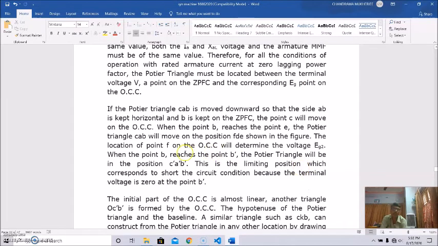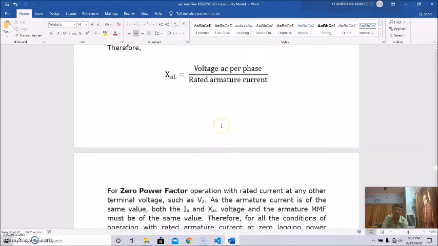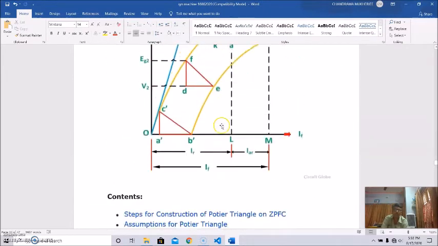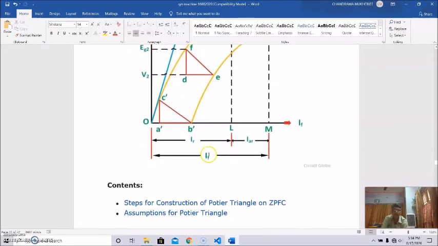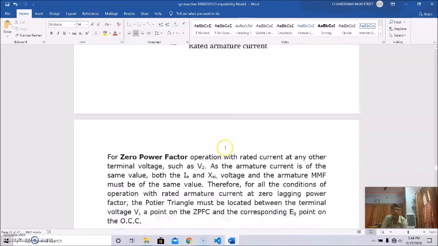If the Potier triangle CAB is moved downward so that the side AB is kept horizontal and B is kept on the ZPFC, so if we move this Potier triangle, keeping this side horizontal and this point B along this ZPFC, then the new position of B will be here at E at the corresponding voltage V2. Okay, this will be like this.